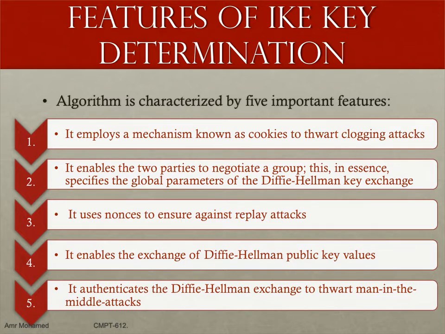And in that case, any initiator or any sender can generate a random cookie. This random cookie, even though it's random, depends on some IP fields, the IP, sometimes the port and things like that, in such a way that makes it really hard for anyone to use a bogus IP address and pretend to be a different IP and try to send you different messages from the same host.